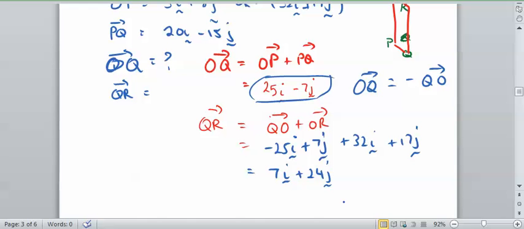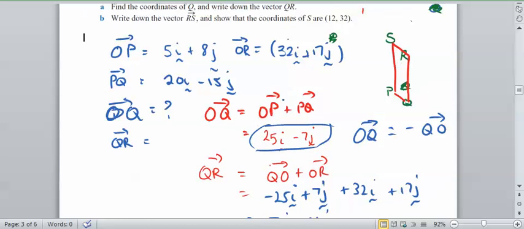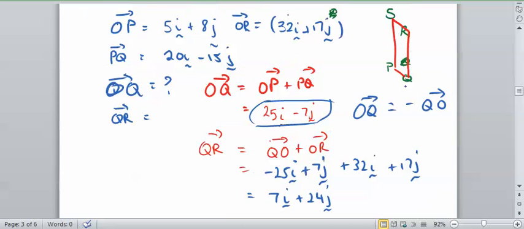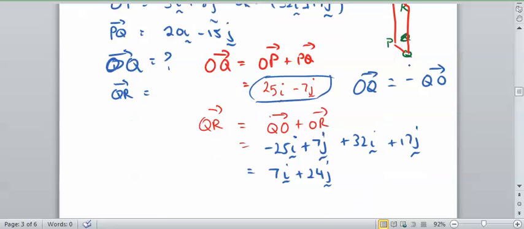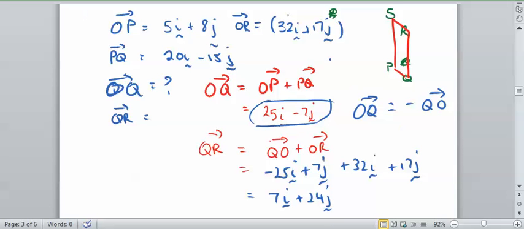This is actually a pretty easy question. It's not that bad. It's just the visualizing. And to be honest, you didn't even need to draw this parallelogram. You didn't have to draw it, but sometimes it helps you. So let's have a look now. We've found QR. So our drawing is actually not correct, is it? Because QR goes across 7 and up 24.